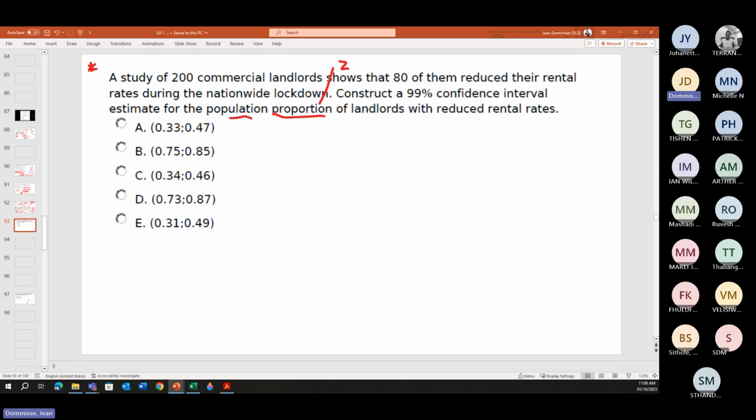So when we see population, we already nearly see Z, but proportion can only be Z. So just be careful, and they won't do it, but that you don't see sample and proportion together and then think, oh flip, now I need to do a T.